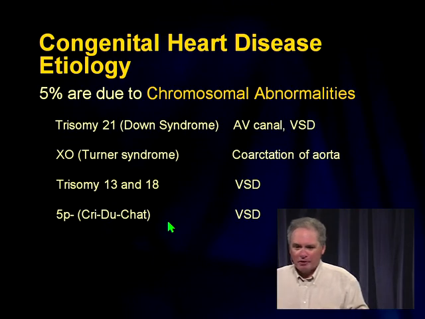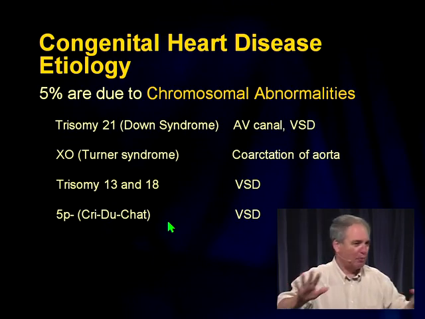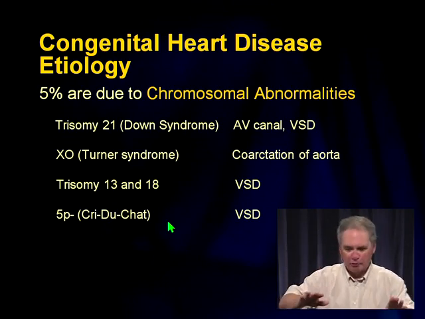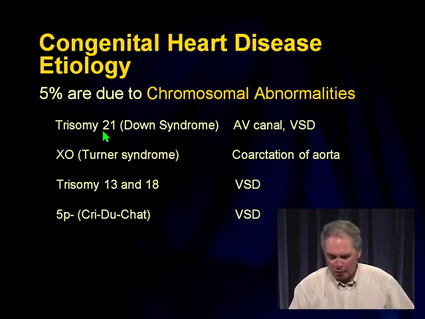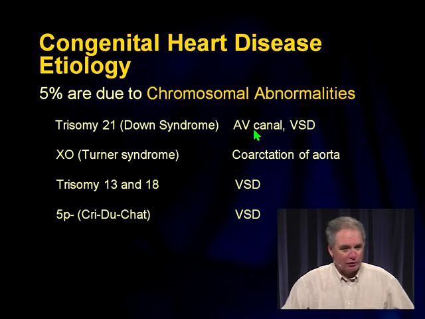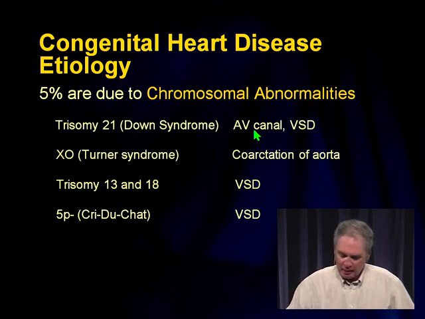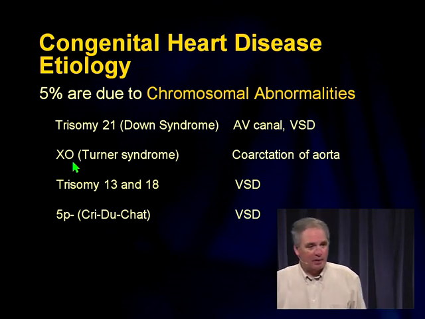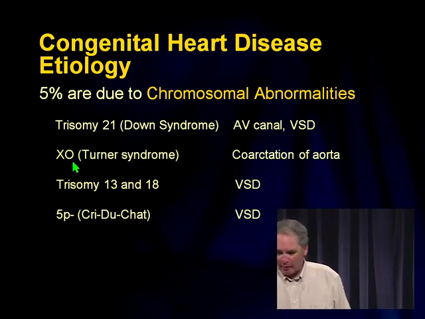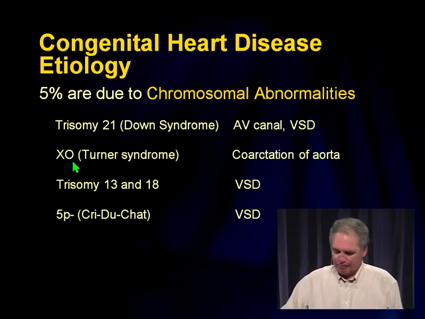5% of congenital heart disease are due to these gross chromosomal abnormalities, too many chromosomes or too few chromosomes. So you must, for the boards, know the association of Down syndrome with AV canal, endocardial cushion defect. Must. Guaranteed to be asked. You must know the association between Turner syndrome, the XO chromosomal arrangement, and coarctation of the aorta.